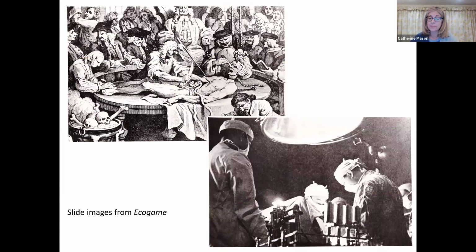So here's a couple of examples of some of the pictures that were used as slides. If you, as a player, made a decision that was profitable for yourself, but bad for society overall, you might get the slide flashing up like this one at the top of the screen on the left there, which is a kind of hideous sort of 17th century medical procedure and a kind of nasty example.